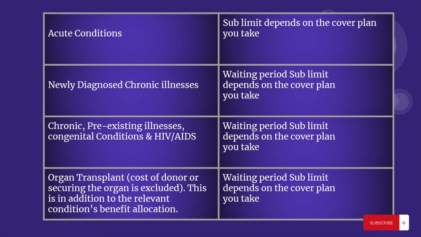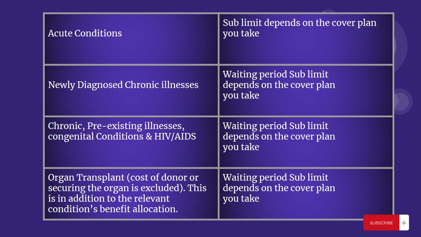Acute conditions sublimit depends on the cover plan you take. Newly diagnosed chronic illnesses waiting period sublimit depends on the cover plan you take. Chronic, pre-existing illnesses, congenital conditions and HIV/AIDS waiting period sublimit depends on the cover plan you take.